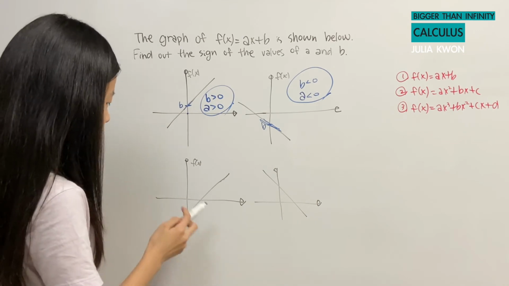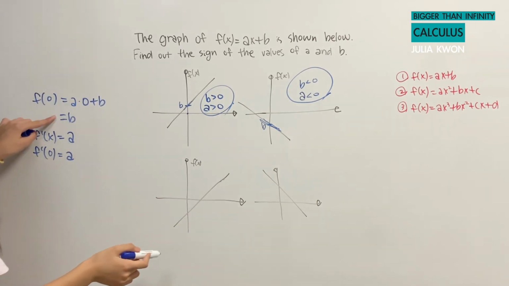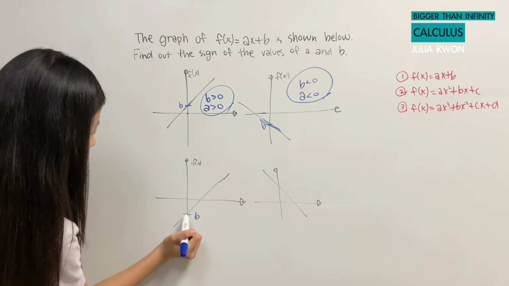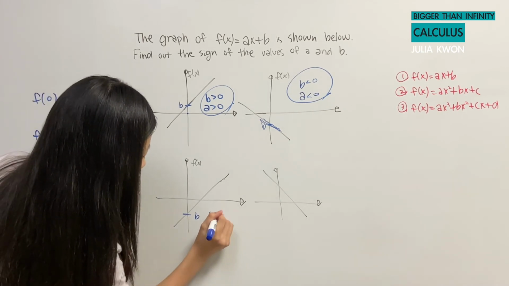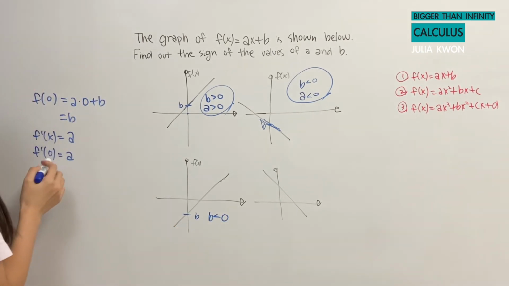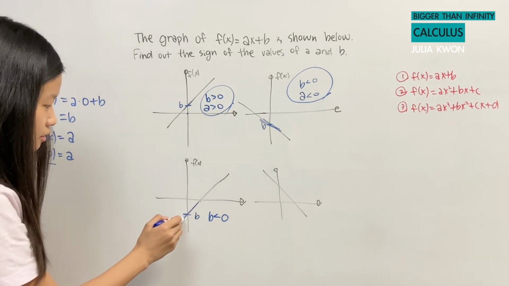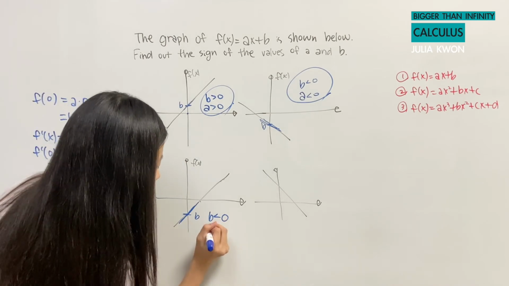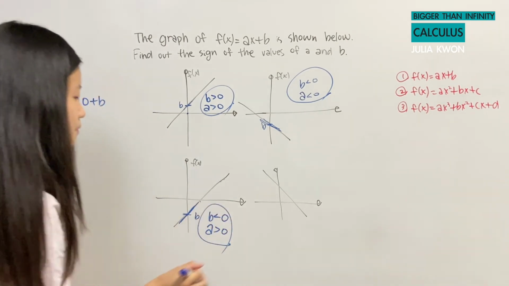In this graph, when x is equal to 0, y is b, and b is here. That tells us that b is again negative. The slope when x is equal to 0 is a. The slope when x is equal to 0 here is positive, so a is also positive.